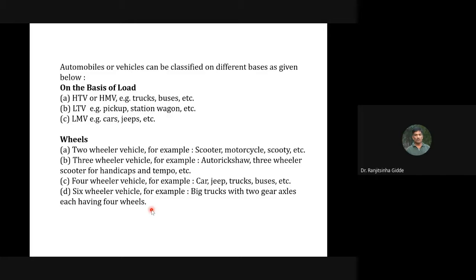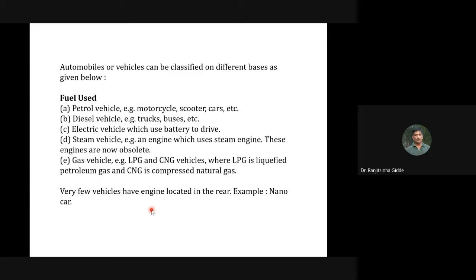So based on the wheels: two-wheeler, three-wheeler, four-wheeler, and six-wheeler. Then the next classification is on the basis of which type of fuel is used. Petrol vehicles: motorcycles, scooters, cars, etc. Then diesel vehicles: trucks, buses, and cars as well.